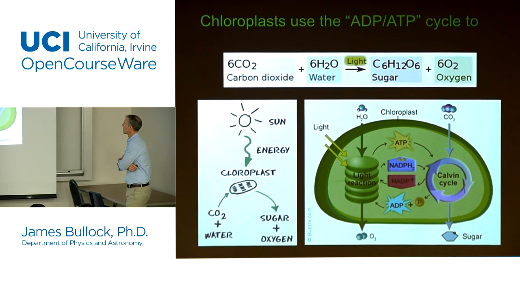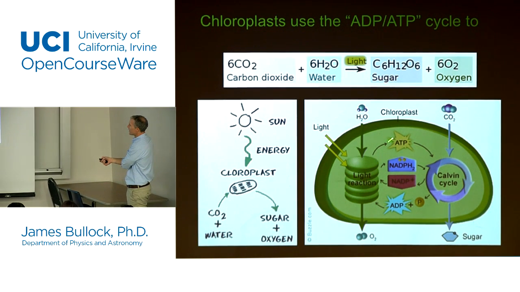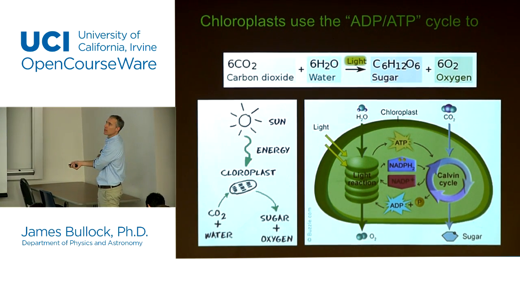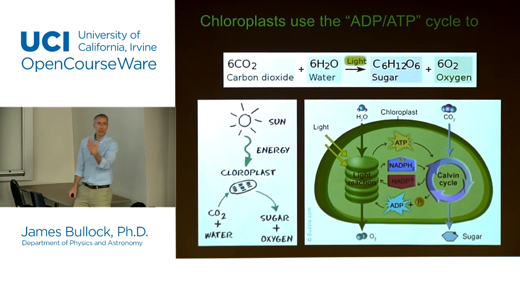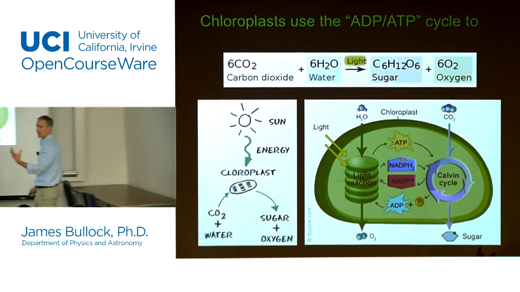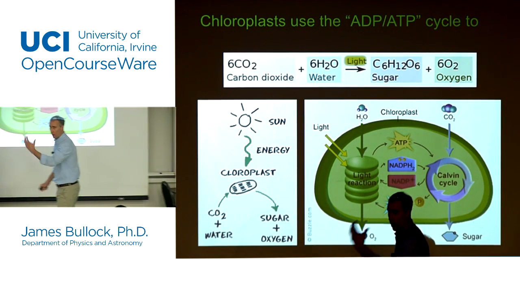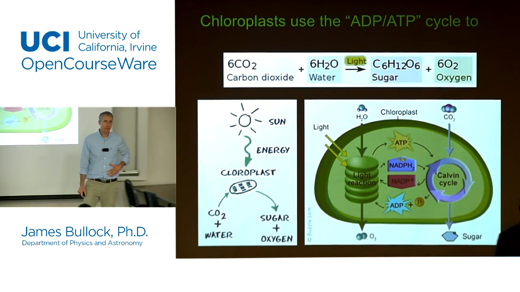Okay. So how does this actually work in detail? We'll talk more about this a little bit later, and you'll get into this a bit more in your rocket mix module. But basically what happens, the sun's spitting out energy via light, and that's interacting with something called a chloroplast. And this chloroplast is the thing that uses this ADP, ATP battery cycle to harness energy and make stuff happen.